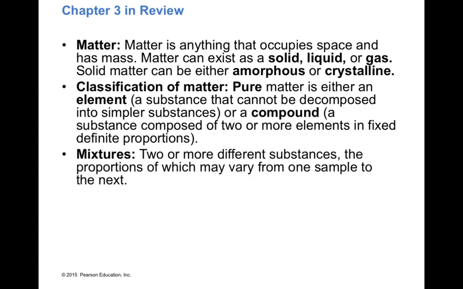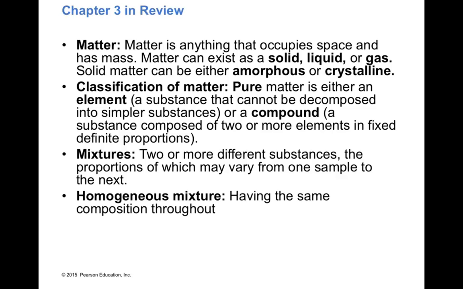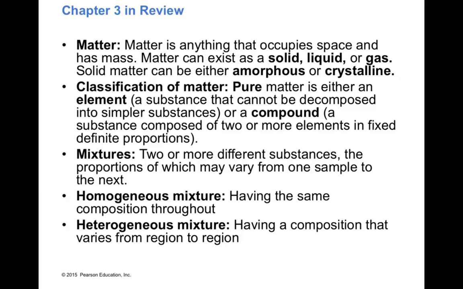Mixtures are two or more different substances, the proportion of which may vary from one sample to the next. The homogeneous mixture has the same composition throughout, and the heterogeneous mixture has a composition that varies from region to region.